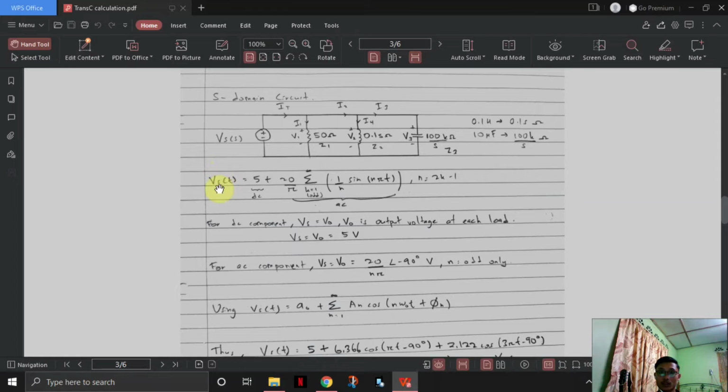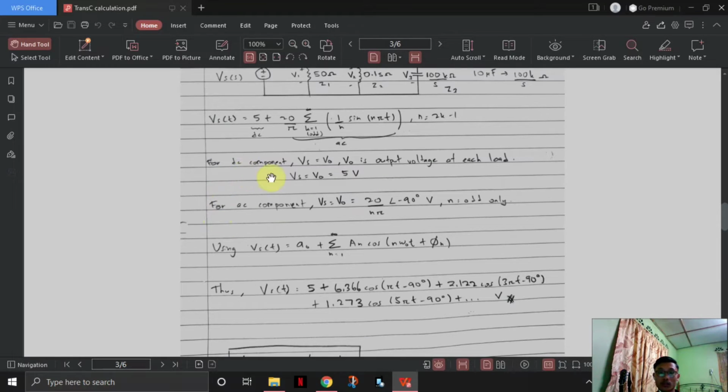we just use the previous formula, which is 5 plus 20 over pi, for the odd number, k equal to 1, of 1 over n sine n pi t, and then we just input the value of n.